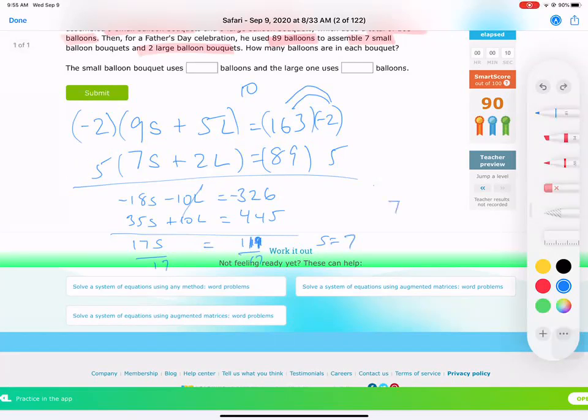So 7S, which is 7 times 7, plus 2L is equal to 89. So 49 plus 2L equals 89. Minus 49 to both sides. 2L is equal to 40. Then we can divide them by 2. So the large balloon comes in a pack of 20.